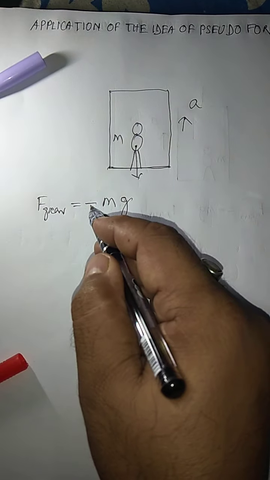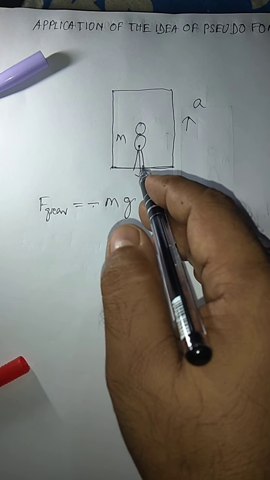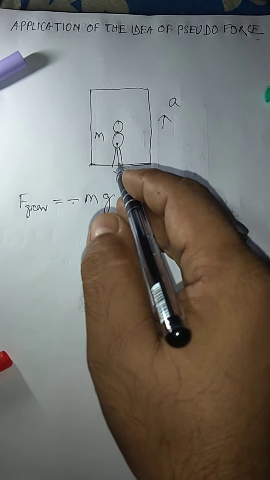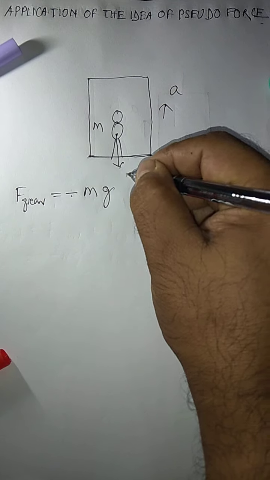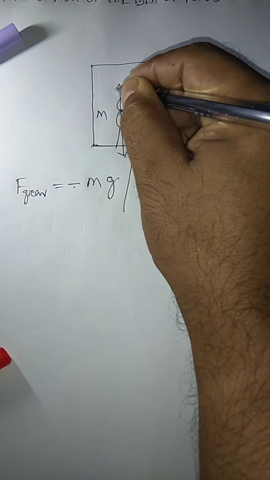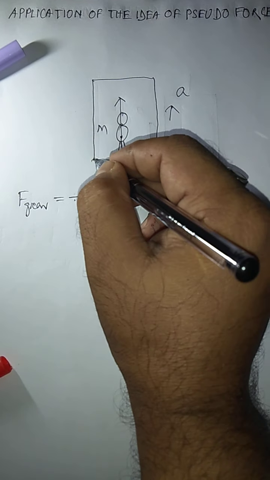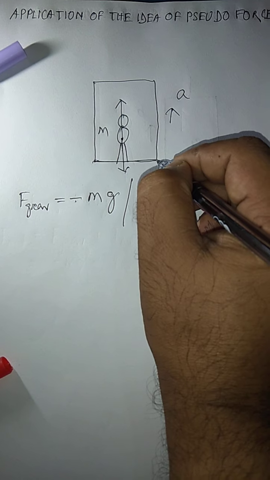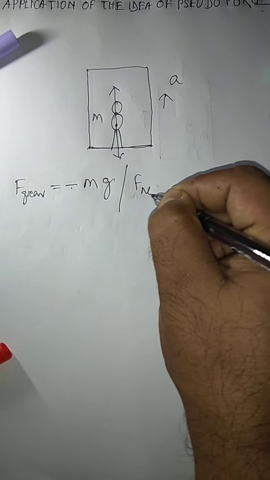The negative sign indicates that the force of gravity is directed downward. The second force is the normal force exerted on the man by the floor of the elevator, and this is F normal.